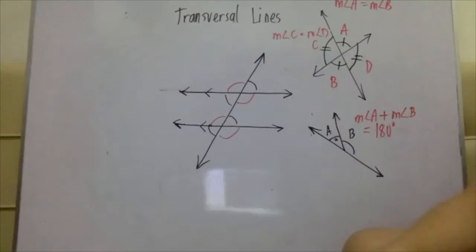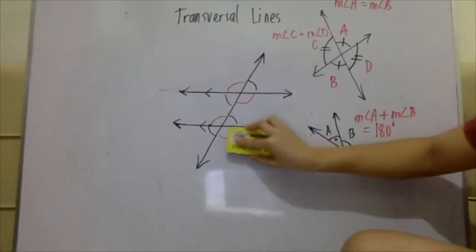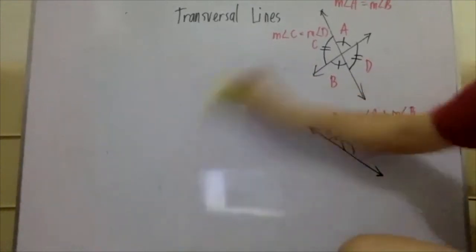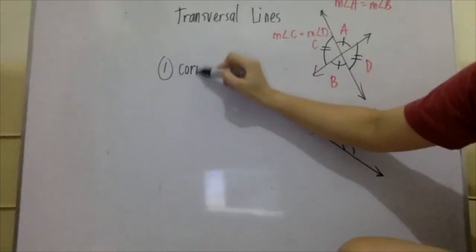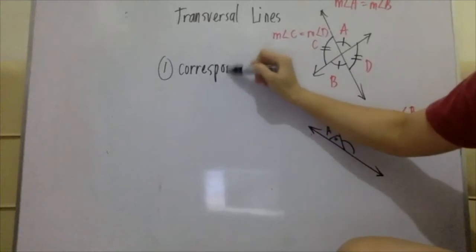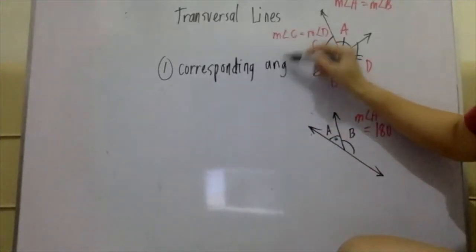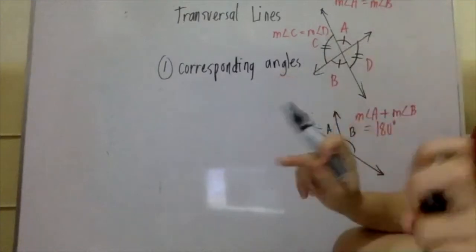Okay? I think most naman na dito familiar, pero in case na hindi, isa-isahin natin. First one would be yung corresponding angles. When we see corresponding angles, ito yung angles natin na located on the same quote-unquote spot.